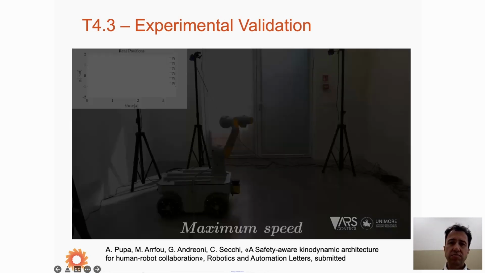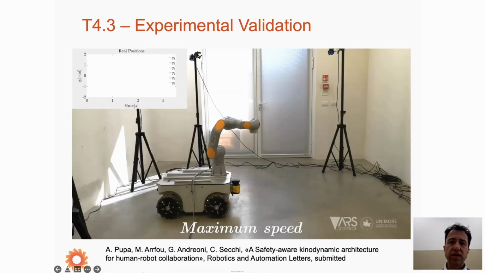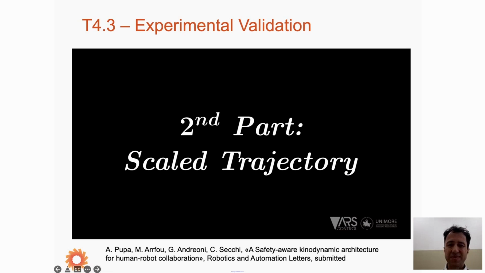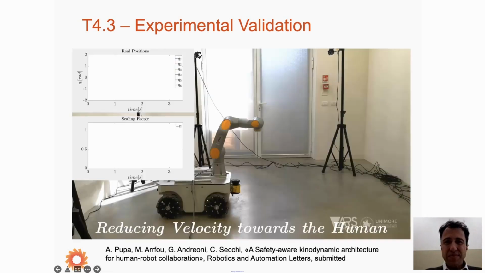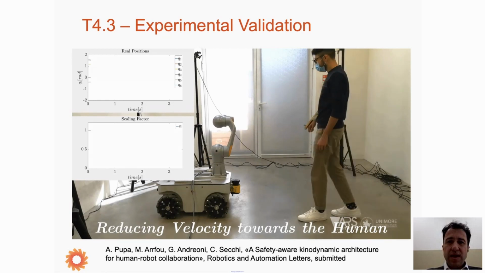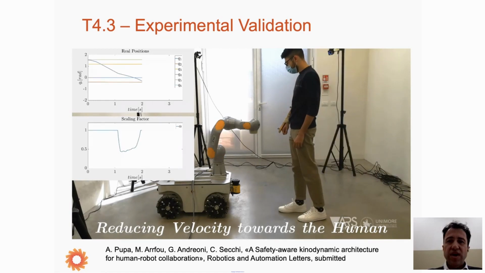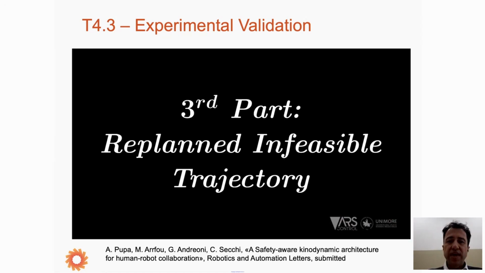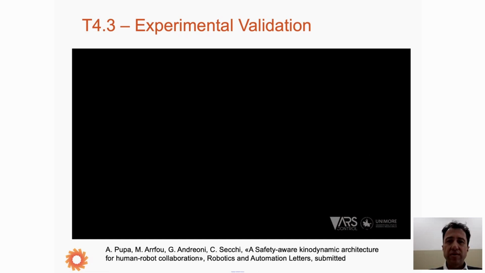So this is the robot planning its trajectory. We did these experiments on the Pilz robot, which is in our lab. So Andrea comes in, and the robot sees Andrea, and it reduces the speed, scaling the speed the trajectory is tracked with.